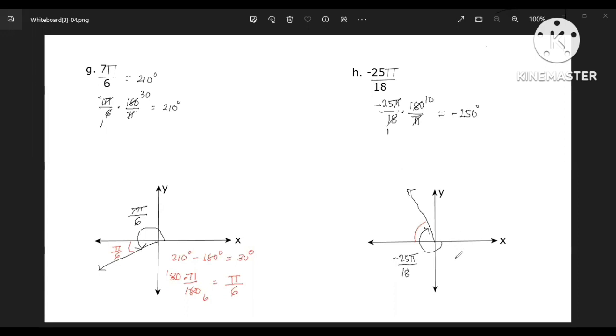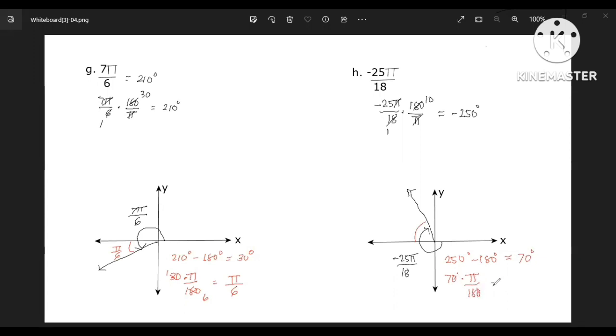So to get the measure of that angle, we subtract 180 from 250, diba? So 250 minus 180 is equal to 70 degrees. So again, let us convert 70 degrees to radians para consistent po tayo sa tanong. So multiply this by pi over 180.